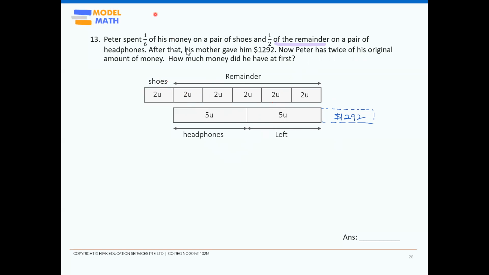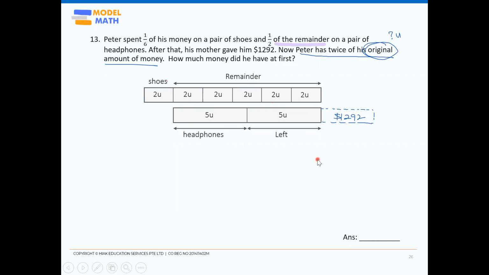Once I've settled my LCM, the next thing is to look at this: Peter now has twice his original amount of money. You need to first identify how many units the original amount of money is, which we can tell from our model. That's why you have to do your LCM just now. If you did not, you will not be able to use this to your advantage.